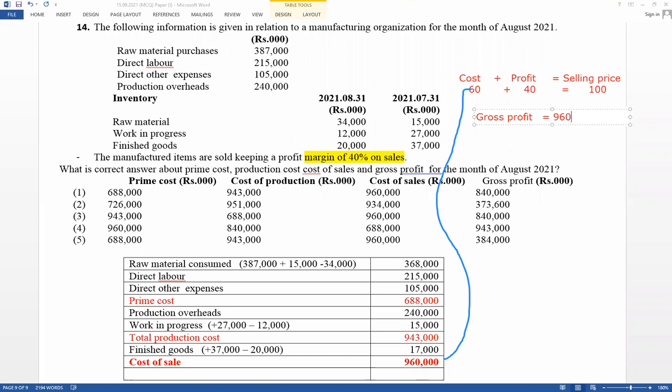Think 960,000, that is the cost of sales. It is equal to 60 in this equation. Gross profit equals 960 divided by 60 into 40. If it had given profit markup, cost value would equal 100. Therefore, profit equals 640,000.